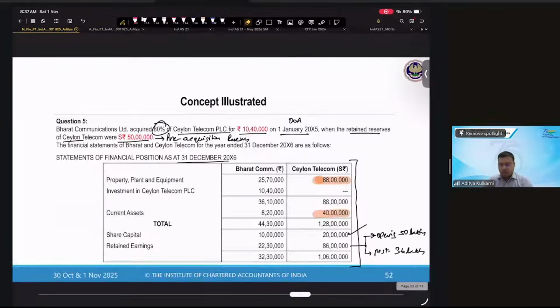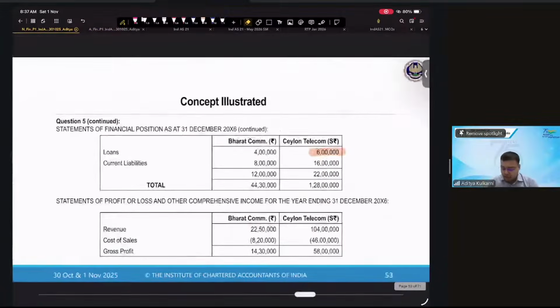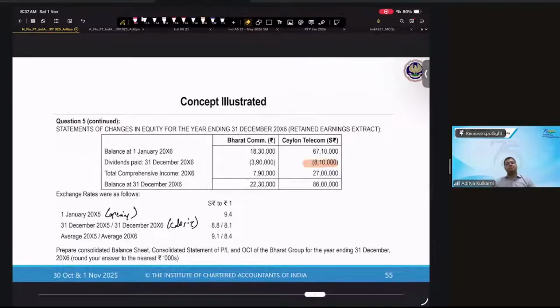Share capital. Which rate should I use for converting share capital? For pre-acquisition, the date of acquisition. So date of acquisition is 1st January 20x5, correct? Yes. That means I will be using this rate, 9.4. Girls, are you able to follow? Yes, sir.